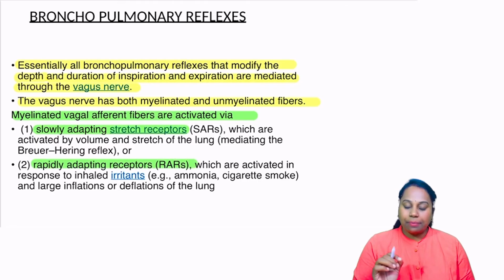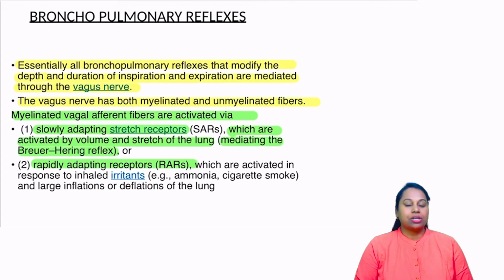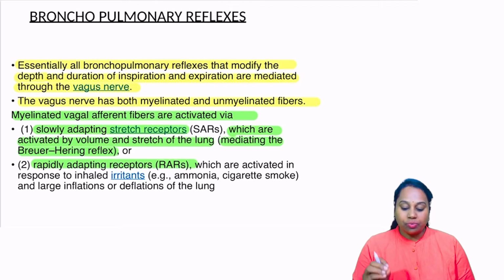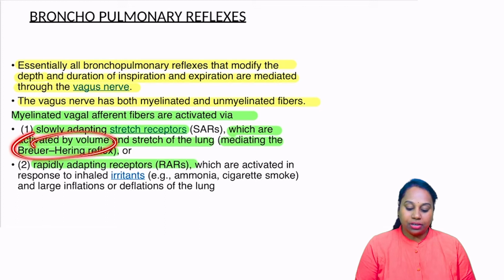The slowly adapting receptors, which are activated by volume and stretching of the lung, thereby mediate Hering-Breuer reflexes. So, slowly adapting myelinated vagal fibers are responsible for sensing the volume and stretch of the lung, thereby helping in Hering-Breuer reflexes.